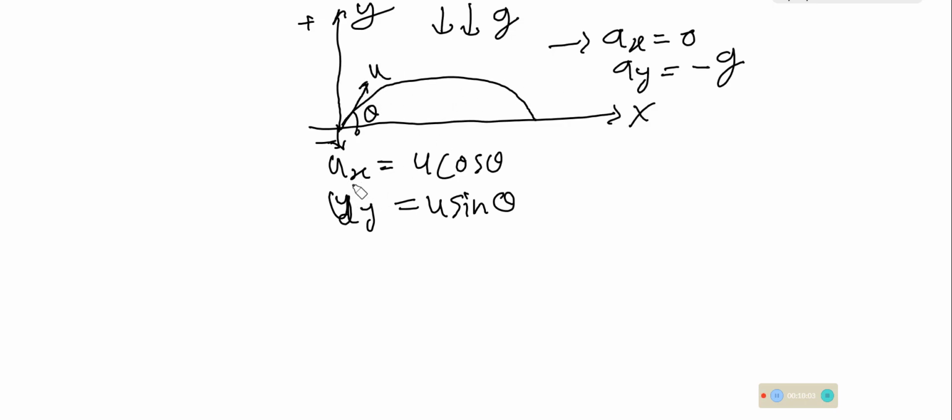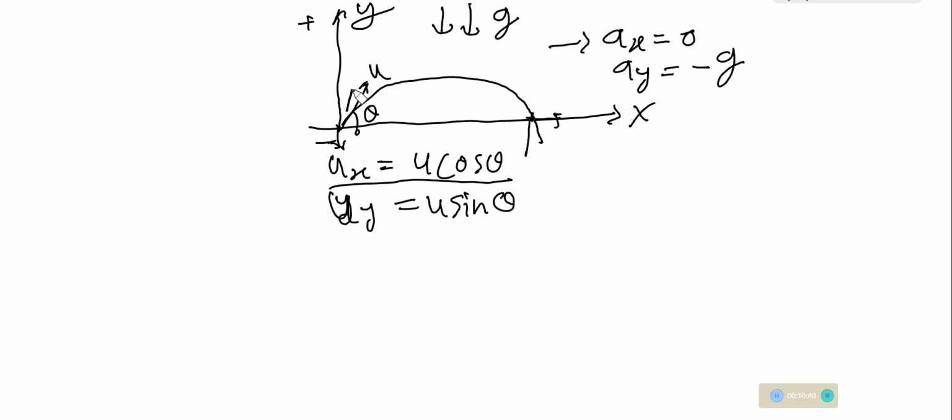So throughout the motion, the component of the velocity in the horizontal direction, ux, will be constant, because in the x direction there is no acceleration. And uy is first u sin theta.